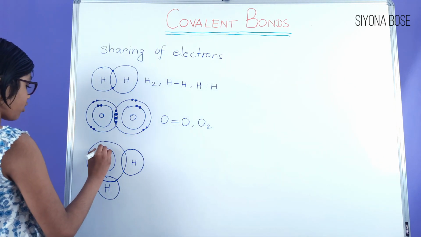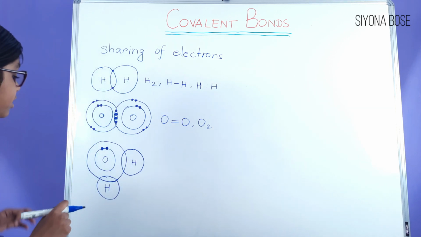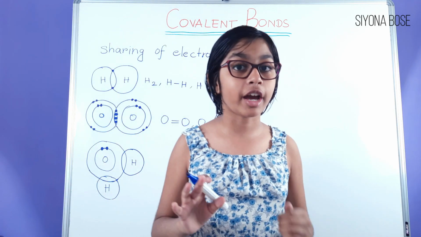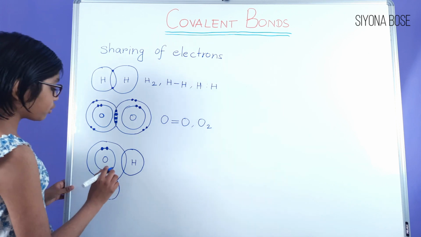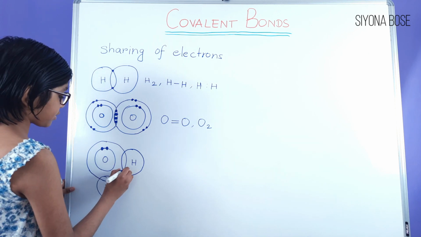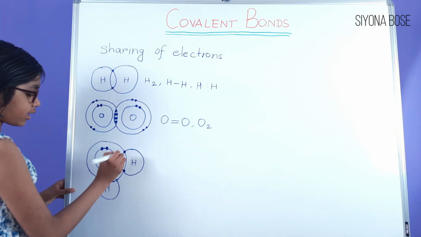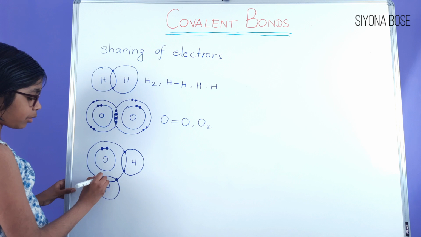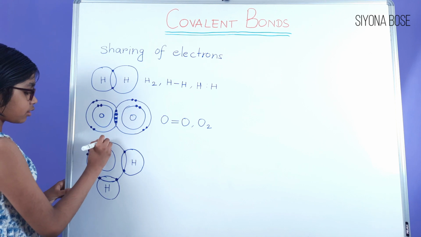Here, obviously, 2 electrons in the first shell. Now, how is the sharing occurring? From hydrogen, only 1 electron sharing happens here, and 1 from oxygen, and the same, 1 more from oxygen and another here from hydrogen, and again those 2 other pairs.